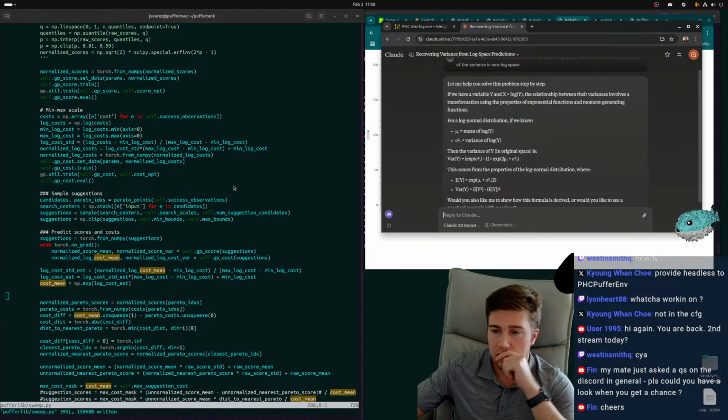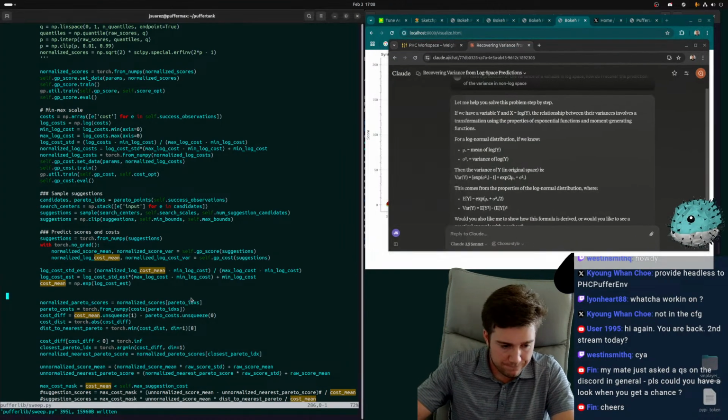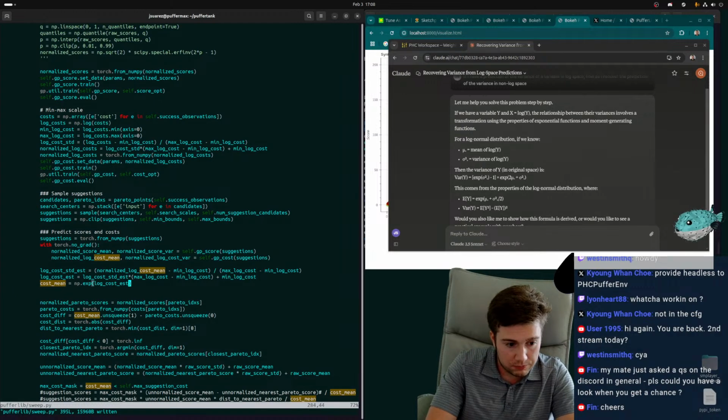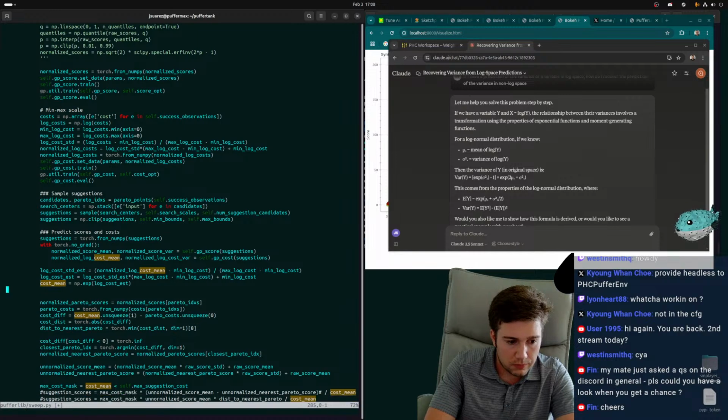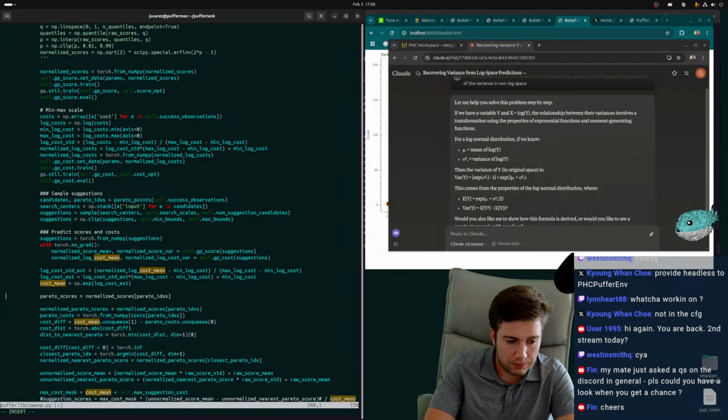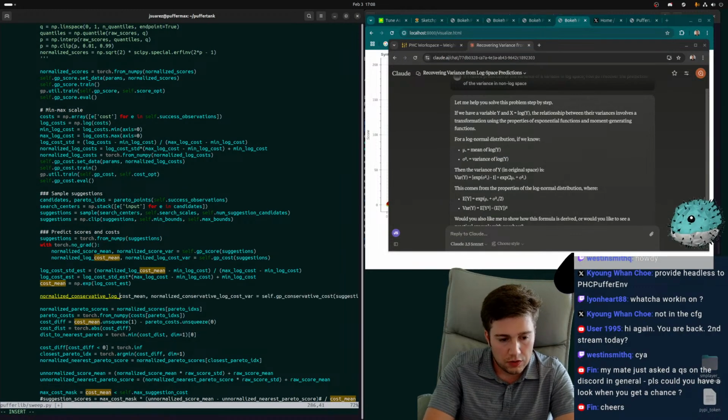I know what I can do. There's a trick. There is a trick. Normalized log cost mean. We'll just do, watch this, this is a trick. Normalized conservative costs. And I hate these variable names. I'm gonna redo this at some point.